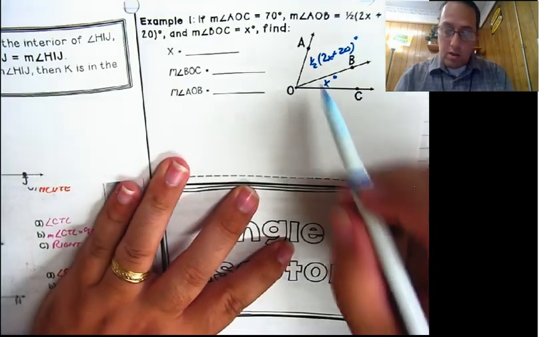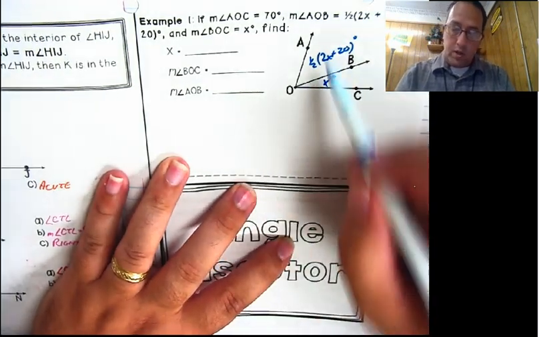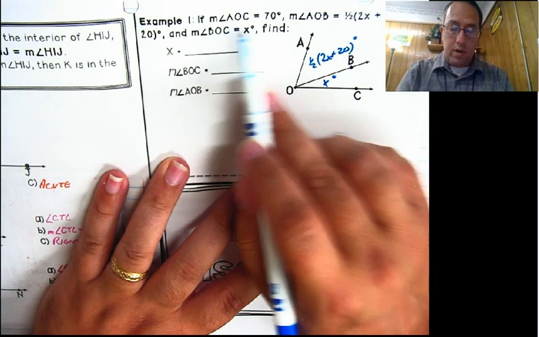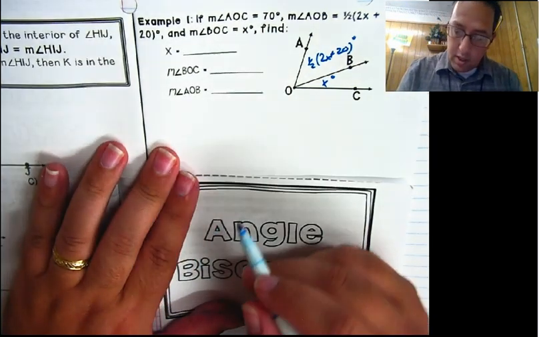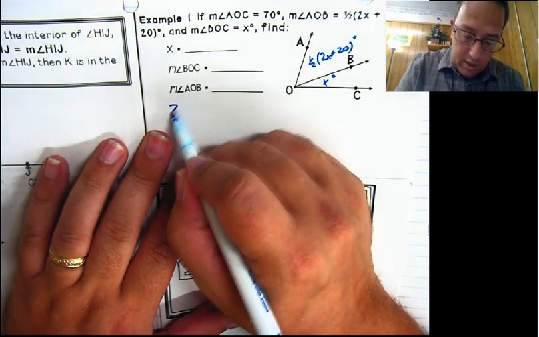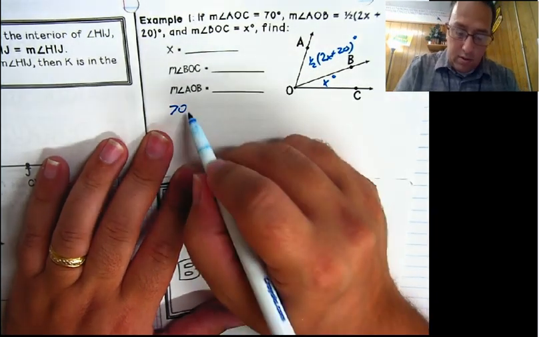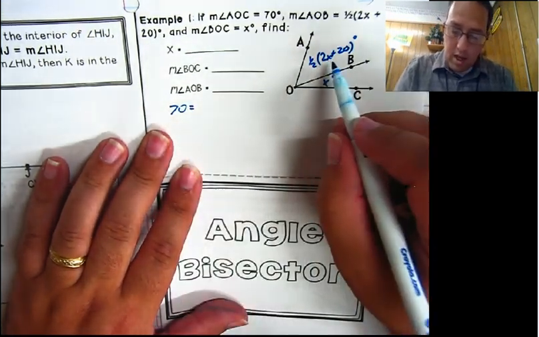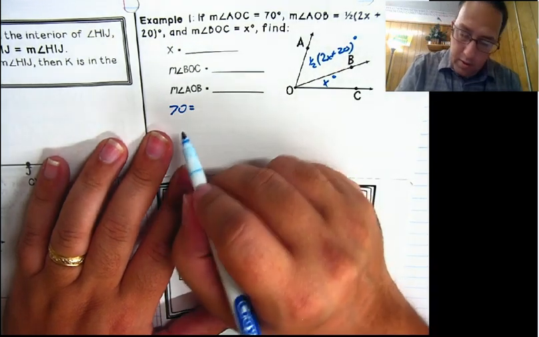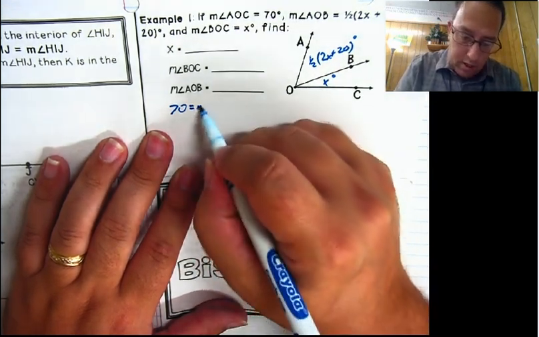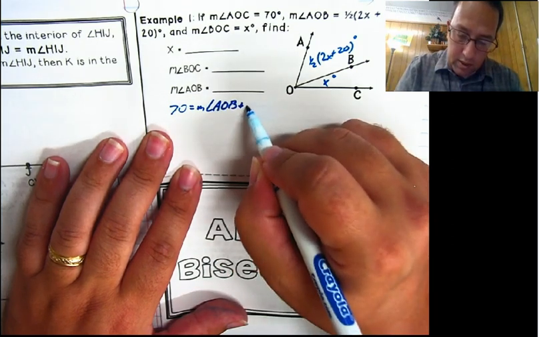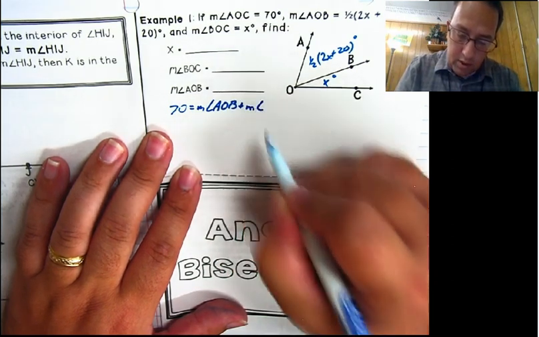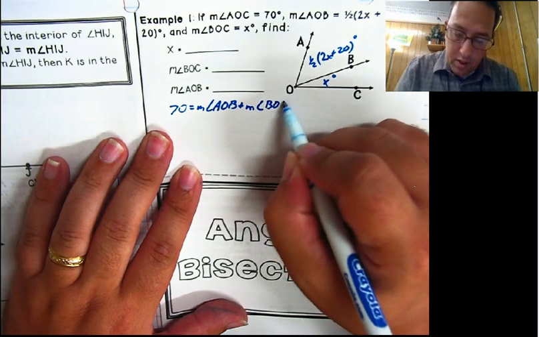What they are is parts of the whole big angle, and we know the whole big angle to be 70. So the way I'm going to set this up, I have 70, the whole big angle, equals the measure of angle AOB plus the measure of angle BOC.